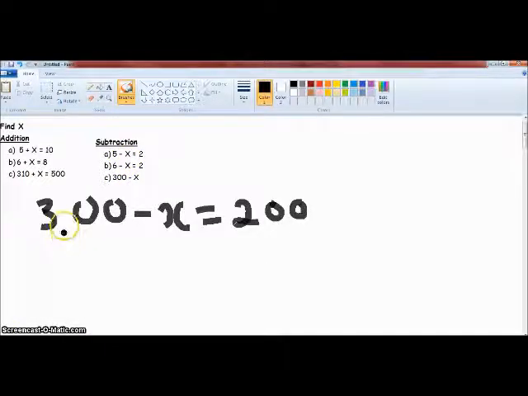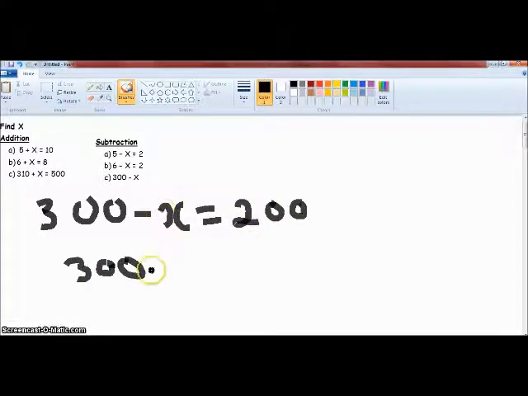So what we have is 300 minus x equals 200. Okay, so excuse the mistake here, we forgot to put equals 200. So we shall write 300, we shall bring 200 over this side, and here it is positive.